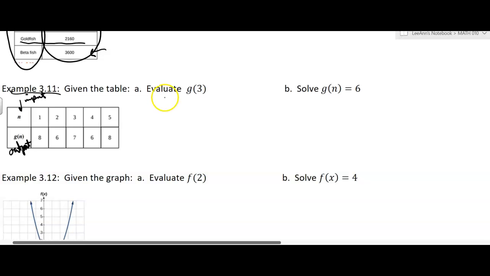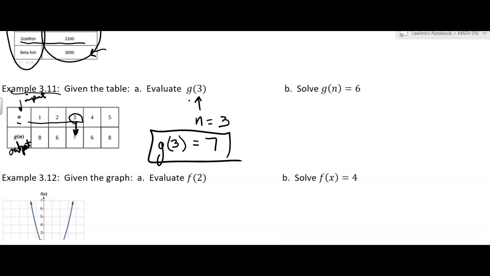So in this case, n is 3. You go on your table, you go to n, you find where it's 3, and then you read the output. So G of 3 equals 7. Okay? All right. So not too bad once we understand the notation and how tables work.